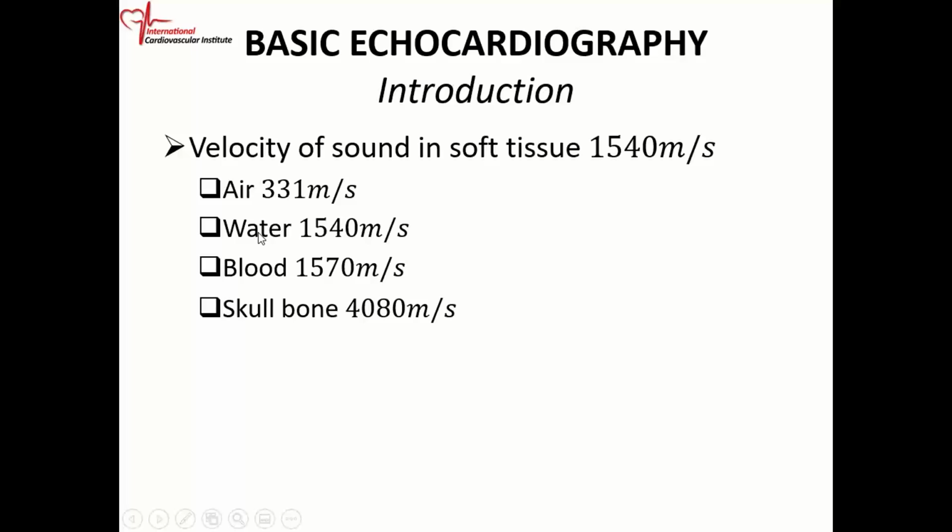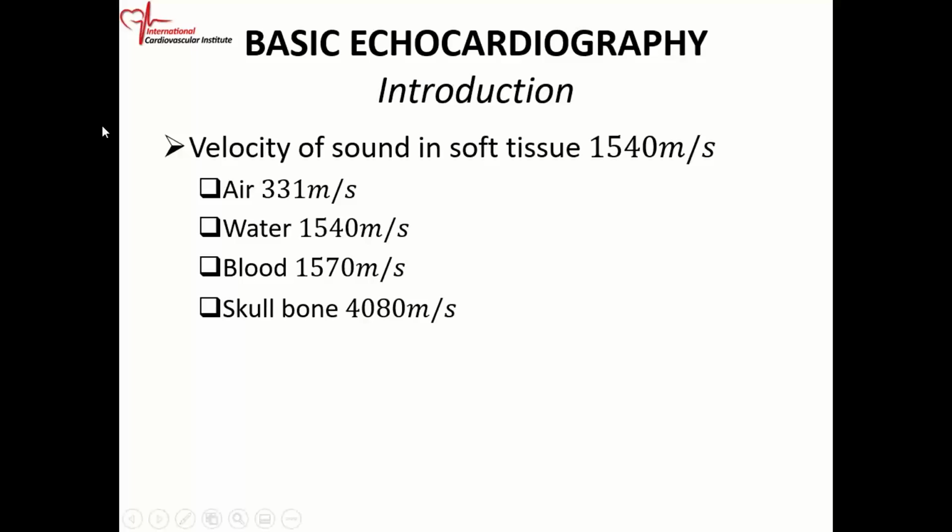So that's it. As we talk about the velocity of sound in the different media, you can see that it's not a constant number. Just think about it. When you talk or when you shout, the sound is going to travel in the air, and the speed is about 331 meters per second. When we do ultrasound of the body, say of the abdomen or even the heart, the sound wave is going to travel through soft tissue, and that speed is 1540 meters per second.